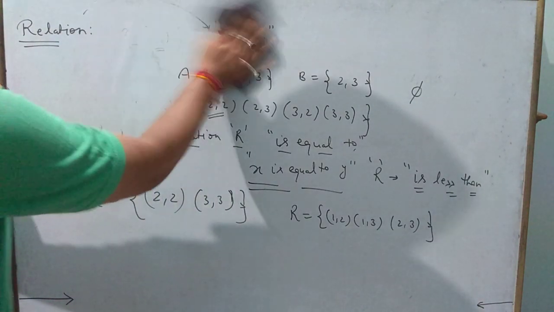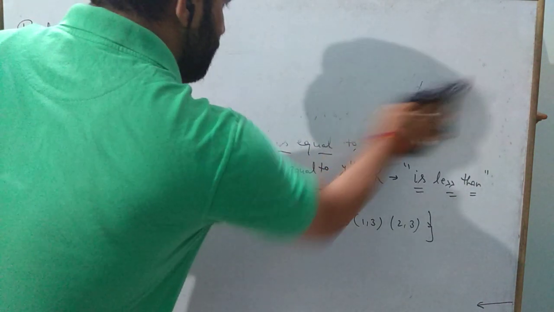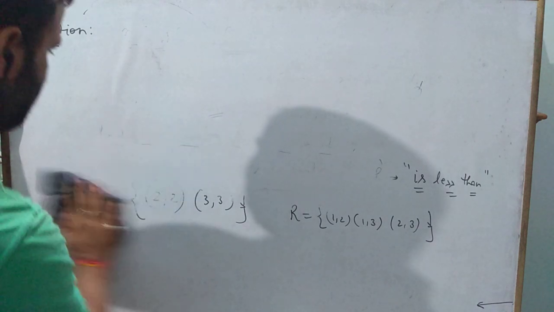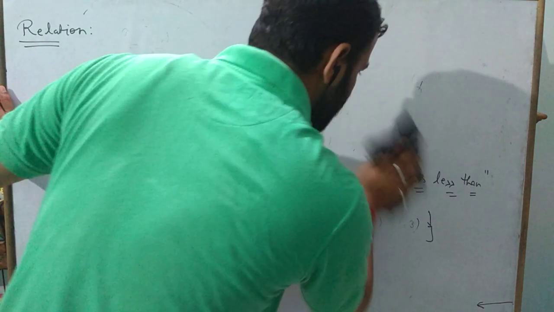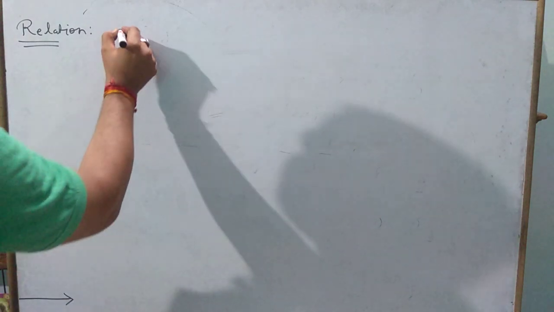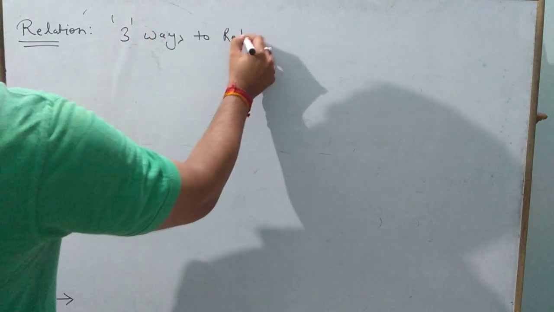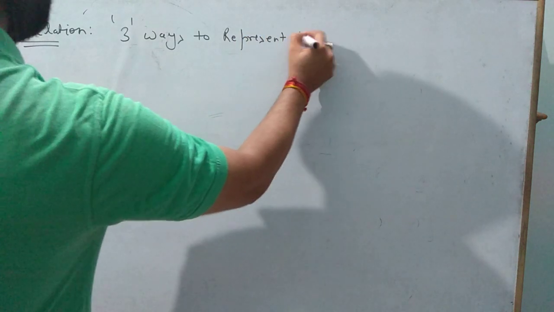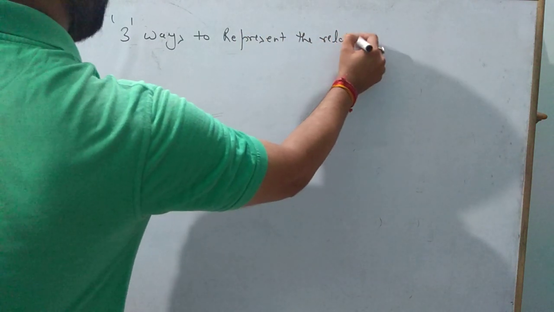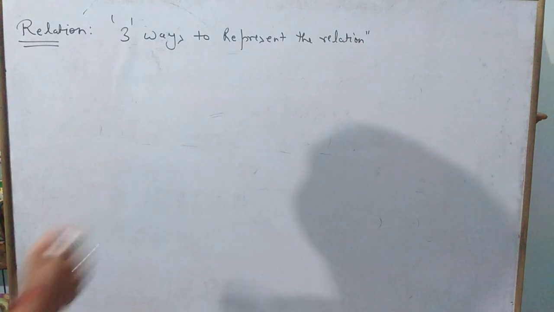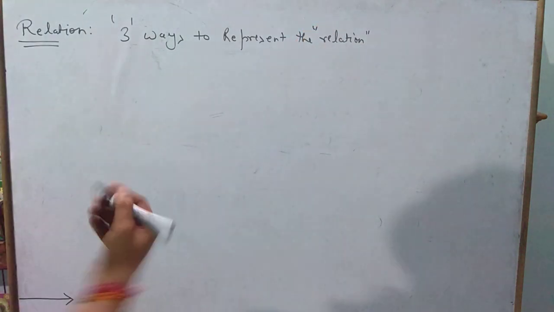So now, the ways of representing a relation: how many methods can you say? There are three ways to represent the relation. It is mentioned in a problem in which way you should write the relation.